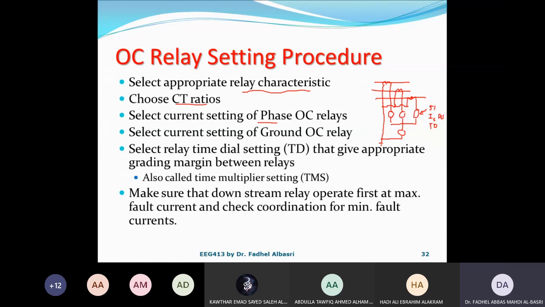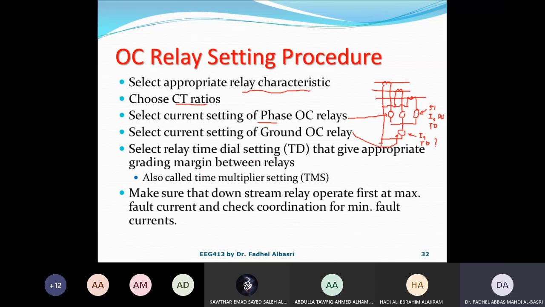So for these three relays, we call them the phase overcurrent relays, and this is the ground overcurrent relay. These are the phase overcurrent relays. Now, what are the current setting I and time settings of this, and what are the current setting I and time settings of this also? So these we need to know.